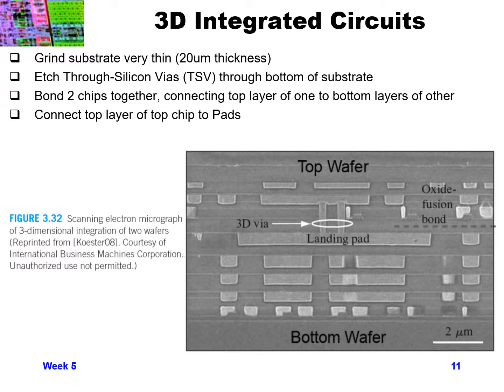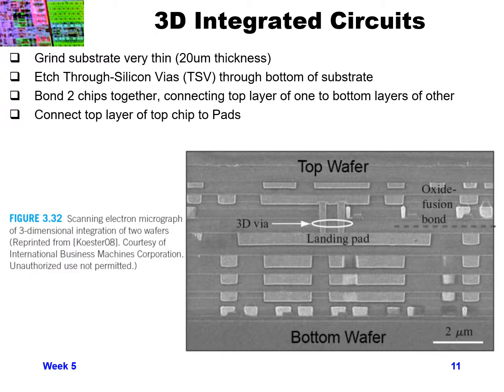But after we cut out all of our chips, we can grind that wafer down such that the substrate is very thin, as thin as basically 20 microns of thickness. Then we can etch through silicon vias, what they call TSV.